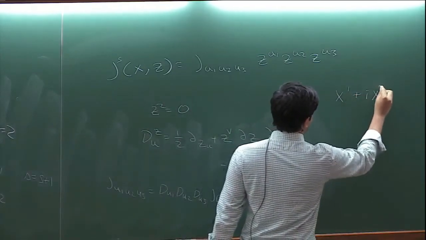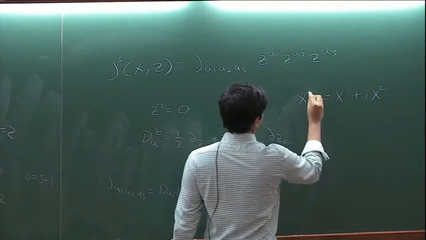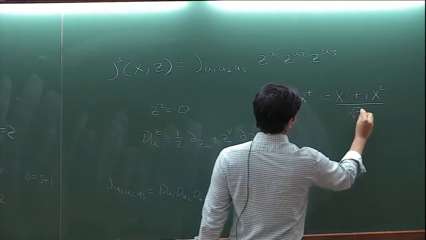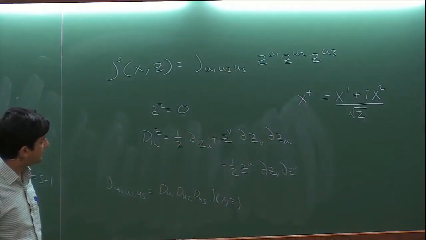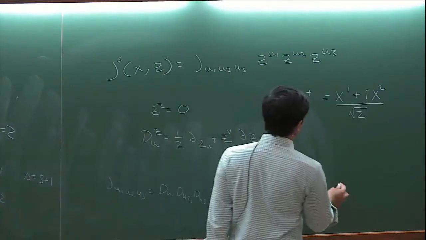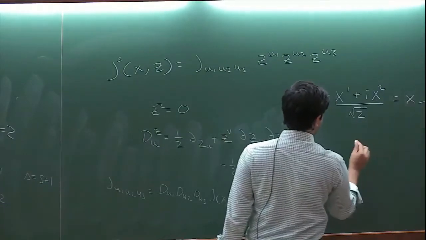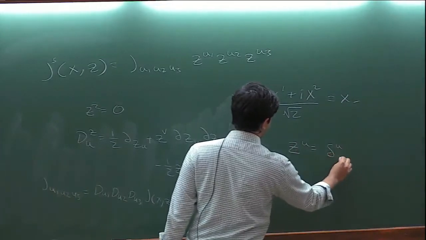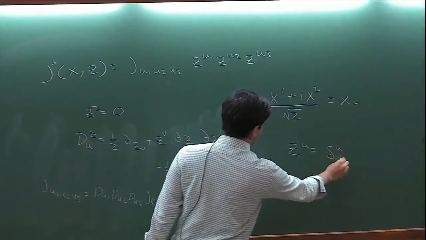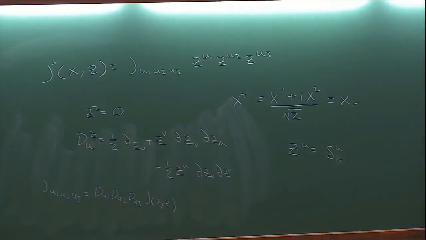So if we work in Euclidean space and I define this following vector, which you can also write as x minus, then in light cone coordinates, j has all minus indices, and we won't write them down.